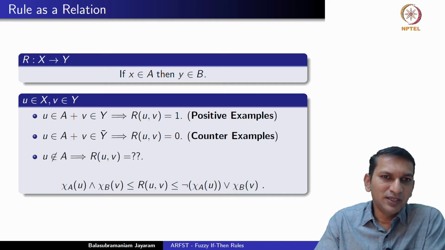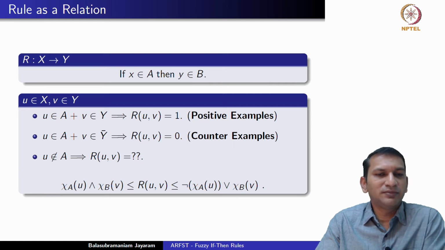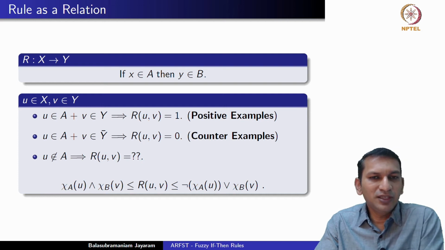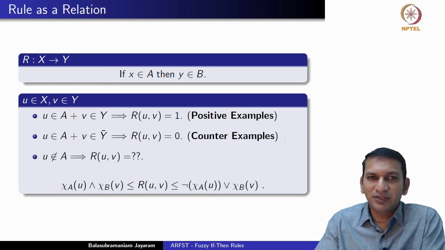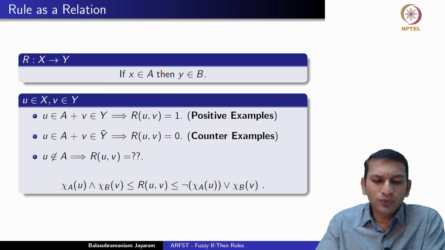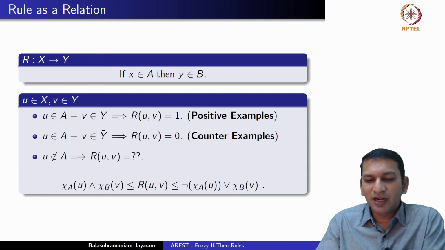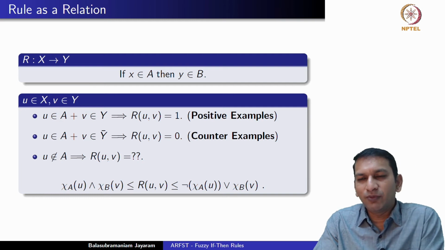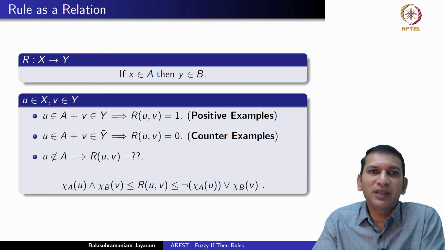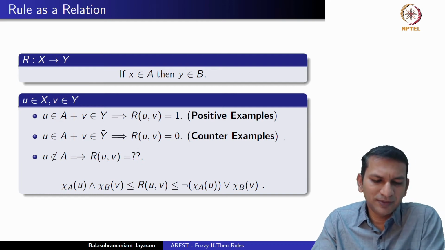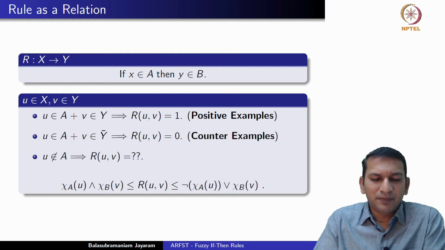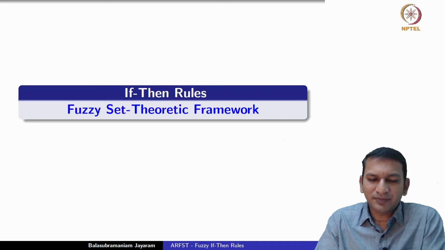Essentially, if we know that U does not belong to A, then you could look at it like this. It is essentially coming to the material implication. So R of UV is bounded below by this conjunctive operation and above by what we now know are implication operations. Well, how does this help us?